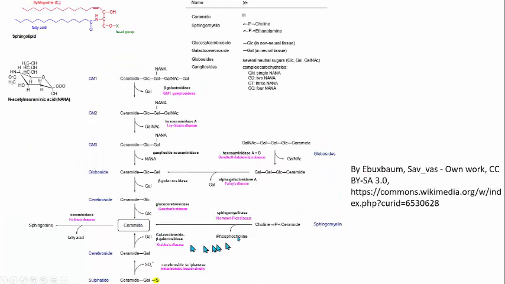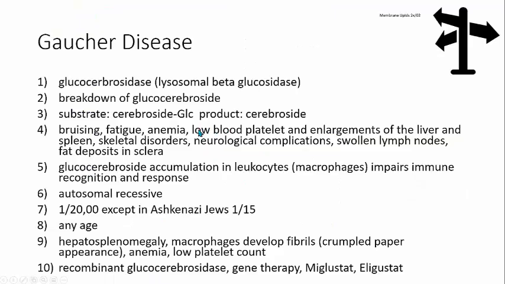It's also shown here, in case you don't remember what glucocerebrosides look like. They look like this attached to this, so that you can see the various pathways here. Gaucher's disease is, of course, another one of these lysosomal storage diseases, a lipid disorder that is a defect of the breakdown of glucocerebrosides.